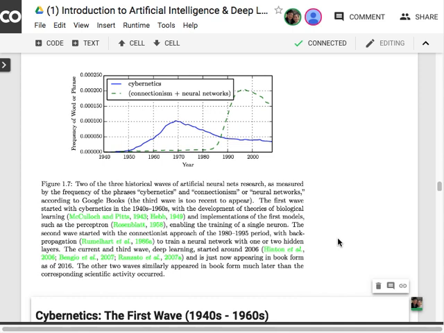They found that cybernetics became very popular in almost the 1970s, while the number of occurrences in the books in the beginning of the 1940s was still behind that. And then in the boom of the second wave, the connectionism word starts at the mid 1980s. This is the year that I was born. So it becomes more and more like that.